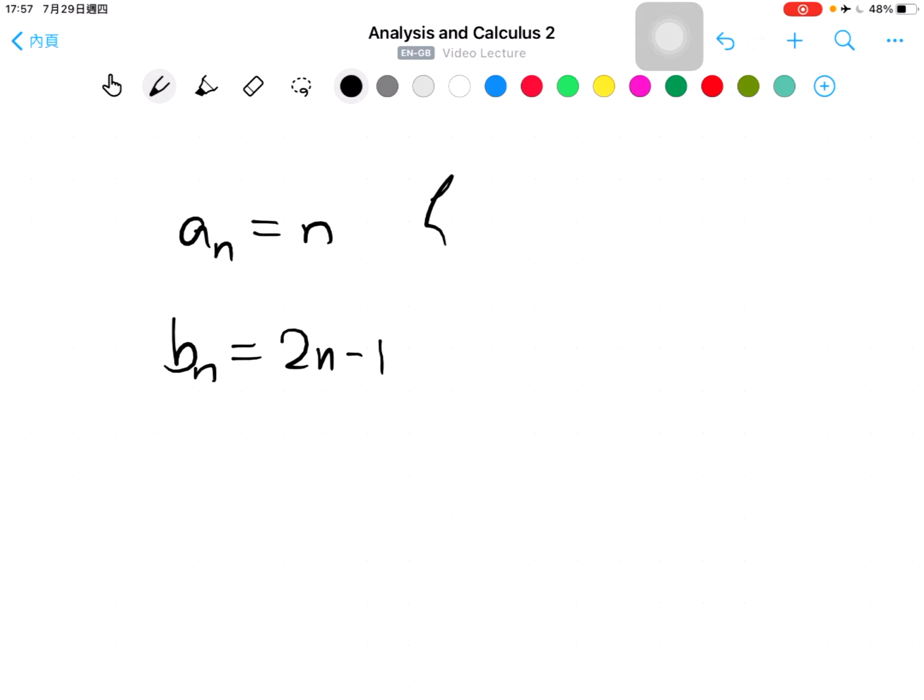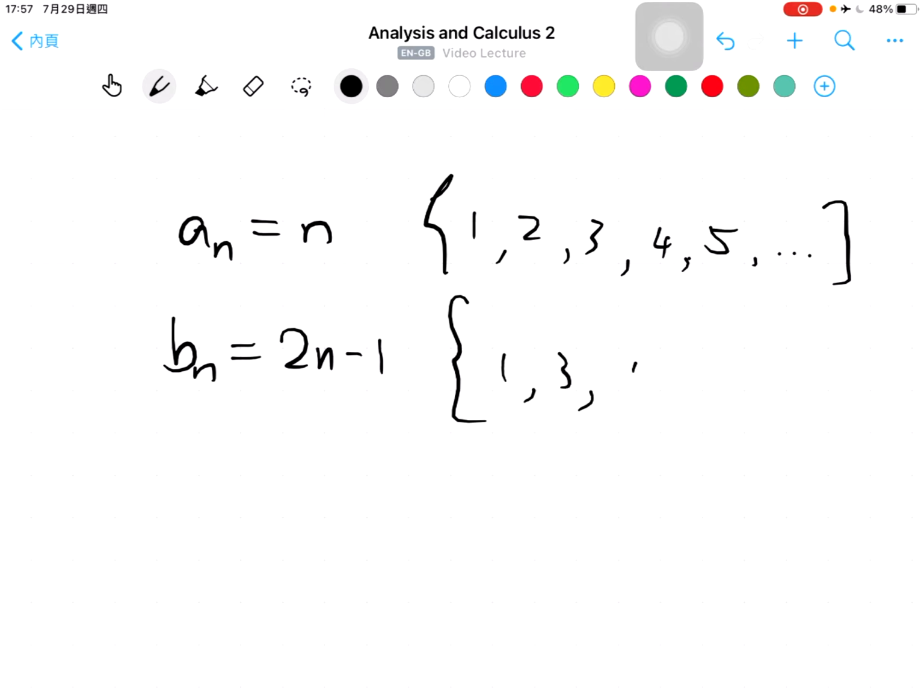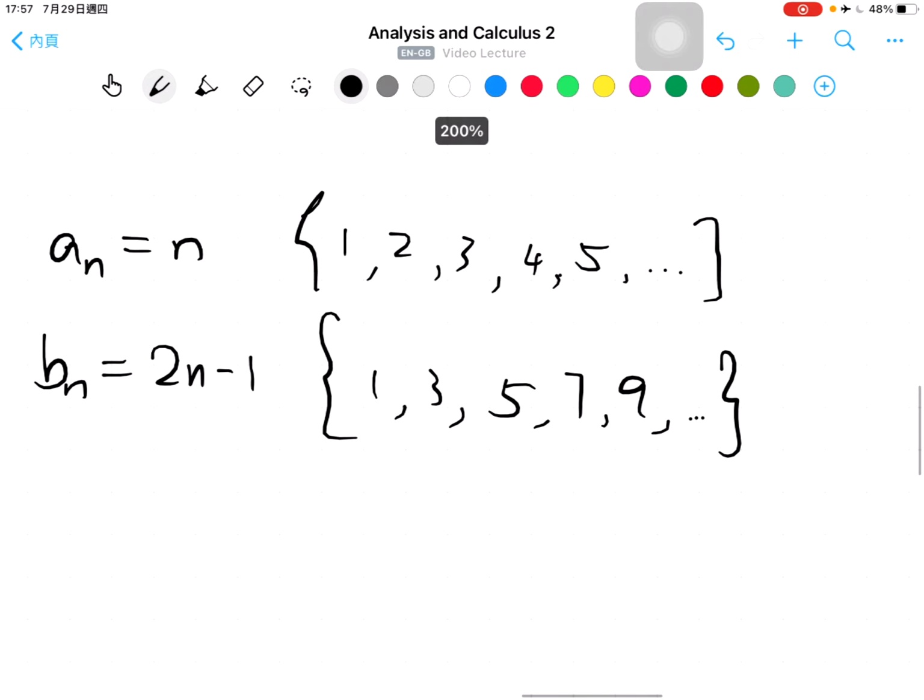Now a_n is apparently 1, 2, 3, 4, 5, and so on and so on, and then b_n is going to be what? It's going to be 1, 3, 5, 7, 9, and so on, right? Now if b_n is treated as a set, we can see that b_n is a subset of a_n, right?